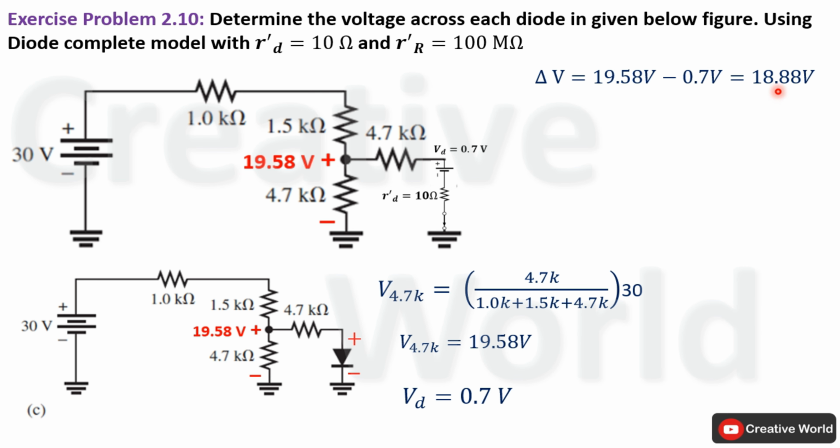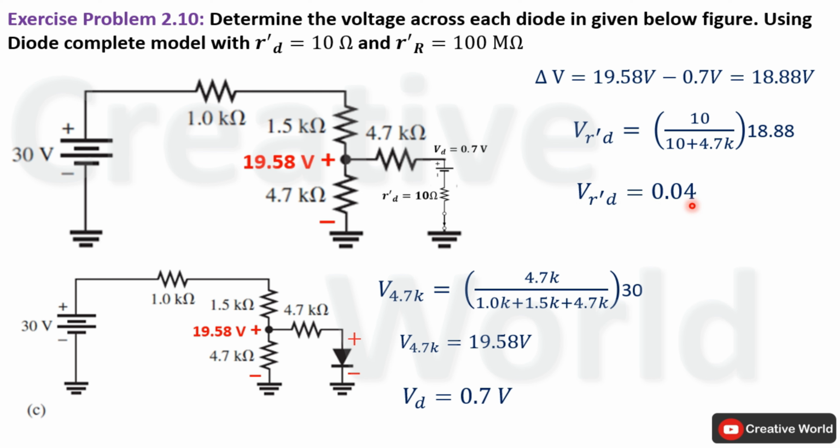Now this 18.88 volt will be appearing across these two resistances, and we have to find out voltage across this 10 ohm resistance. So voltage divider equation for this 10 ohm resistance will be 10 multiplied by 18.88 volt divided by the sum of both resistances. Solve this equation. Voltage across this 10 ohm resistance will be equal to 0.04 volt.